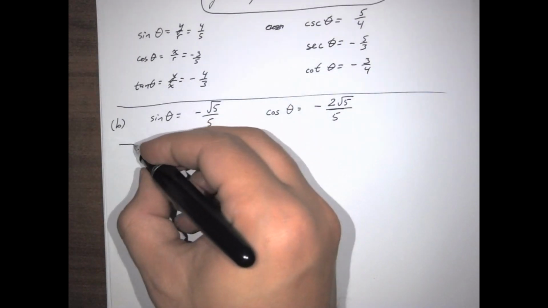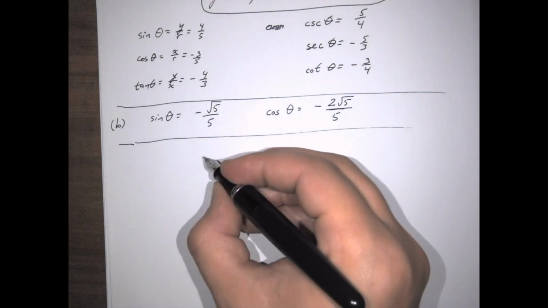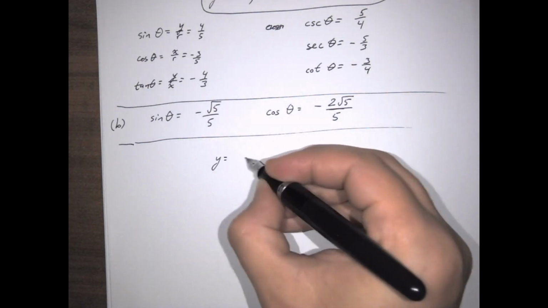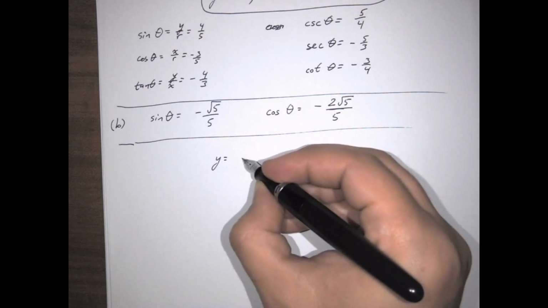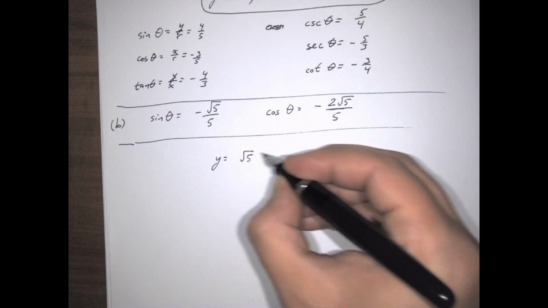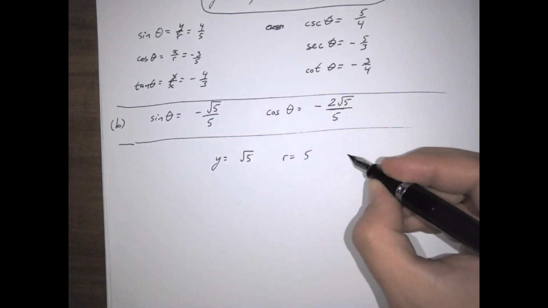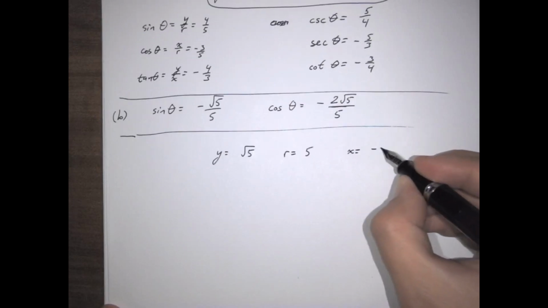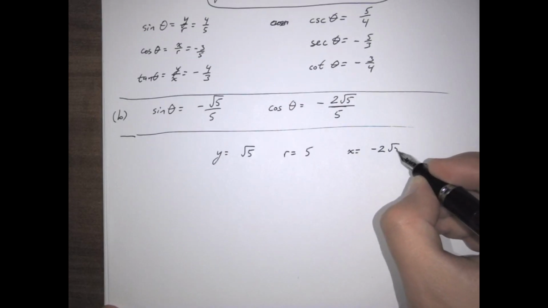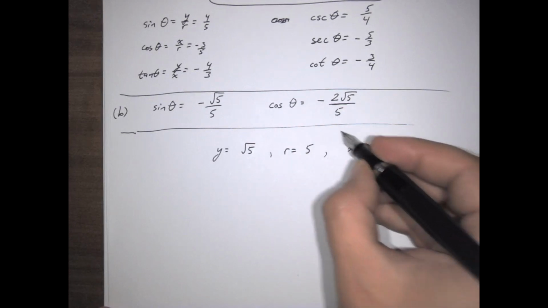So what we can do here is we can just cast the roles again, just like we did. We can just say that y is equal to the numerator, and so negative root 5, r is equal to the denominator of 5, x is equal to the numerator of the cosine, which would be negative 2 root 5, and just whatever you do, make sure the r isn't negative.